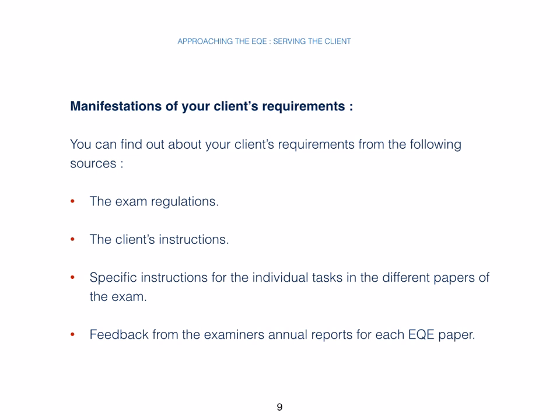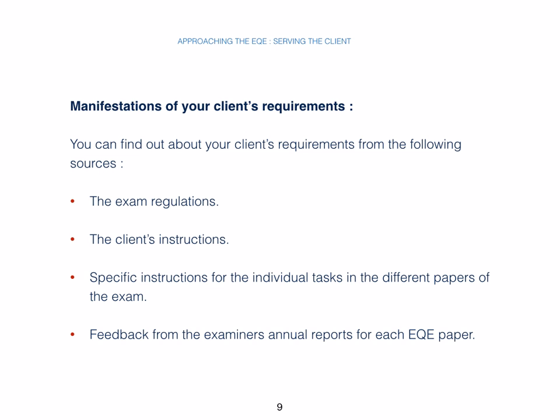You also receive specific instructions for the individual tasks in the different papers of the exam. As an example, in the drafting paper A in recent years, the client has always said that he's not prepared to pay any extra fees for the claims, which means that you mustn't draft more than 15 claims. That's an instruction given by the client of the day, as it were.